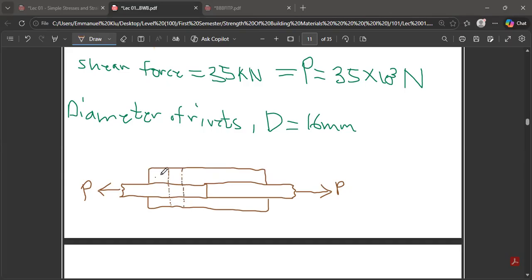So I have to do the right thing for you to see, so that if you are working in the examination hall or for future purposes, you also do the same thing. It is going to serve as a guide to you as you are solving your question. If you fail to do this, you will struggle in your calculations. So in this case, you see that the rivets are two.